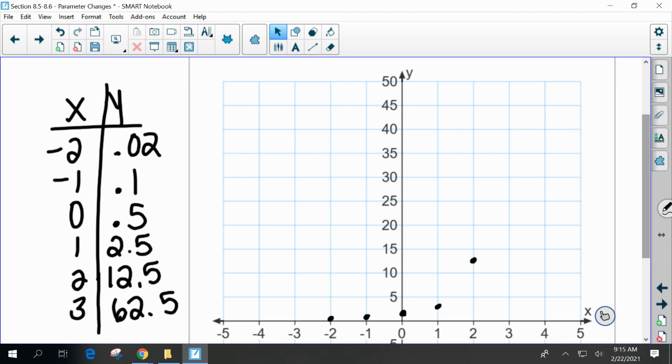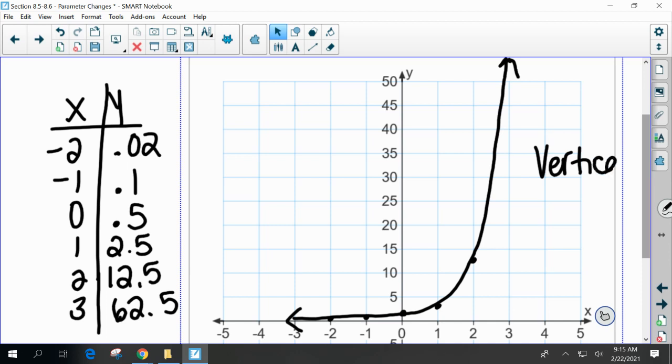So that tells me that this is going like way up here. Okay, so even though it looks like it's really narrow, this is technically a vertical shrink.